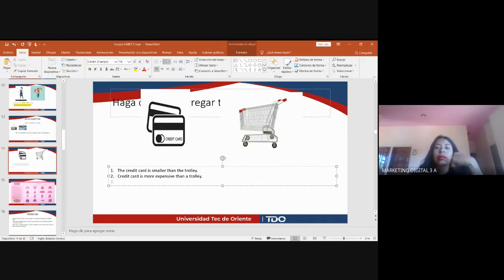Comparisons. You can talk about the price, which is already here, the size, well, we have it. The use, maybe? Uh-huh, yes. Trolley is heavier. Trolley is heavier than credit card.